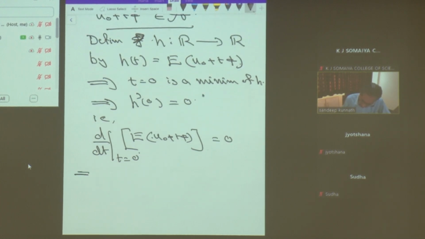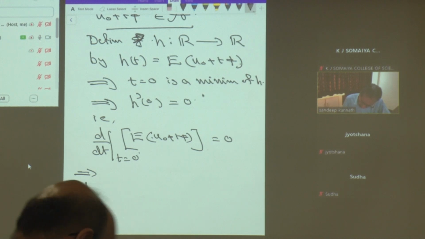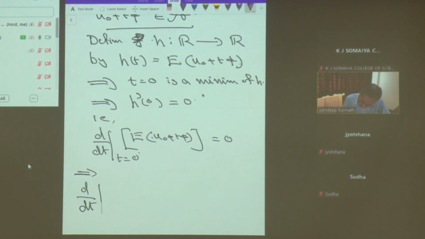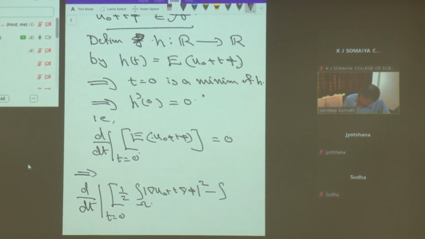That implies that d by dt at t equal to 0 of the energy, which is nothing but half of integral over omega modulus of gradient of u naught plus t times gradient of phi all square, minus integral over omega f into u naught plus t times phi. So this is what you want.